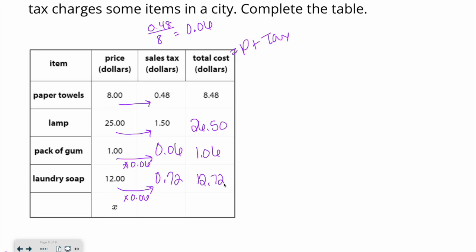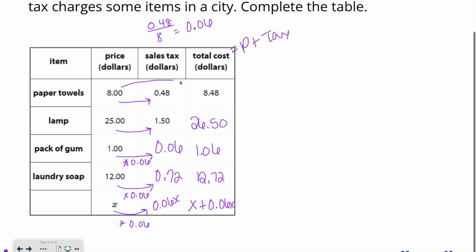And then we had this X down here. So if we follow the pattern and we multiply X by 0.06, we get 0.06X. And then the total cost was the price of the item, X, plus the tax, 0.06X.